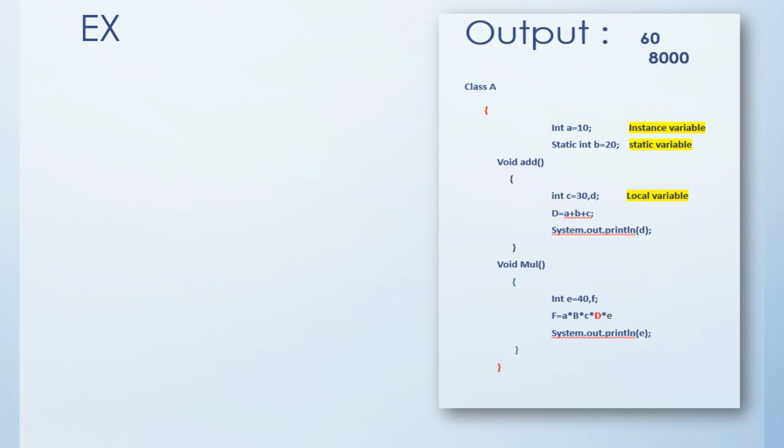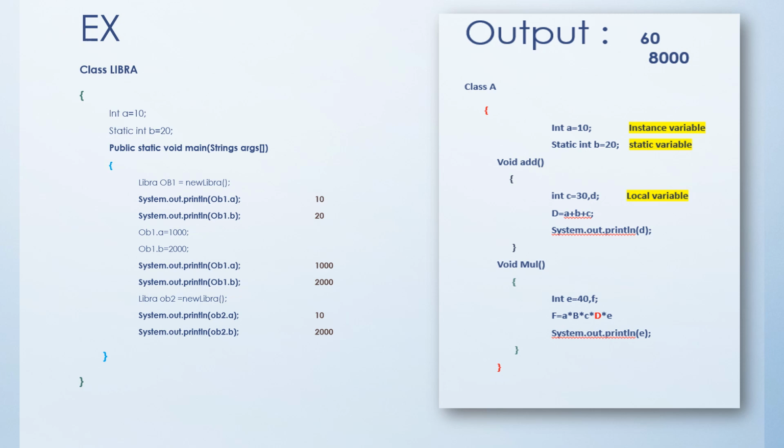Now I need to show a program. We saw this program previously and got somewhat clear about it. For your sake, I am showing one more program to get more idea. We have taken a class named Libra.